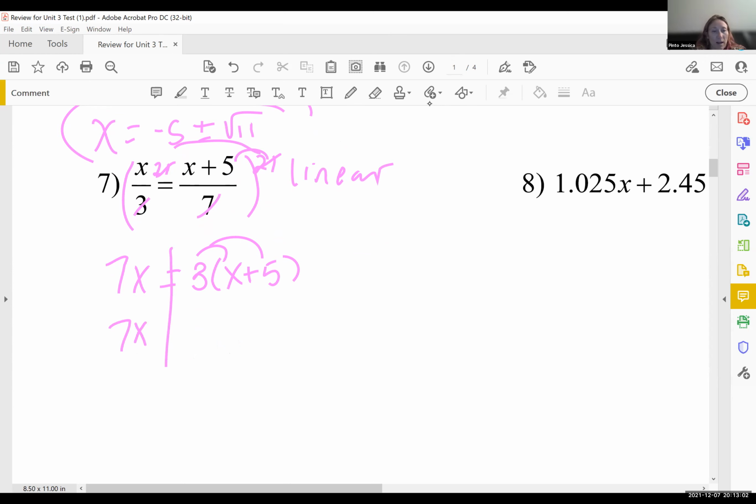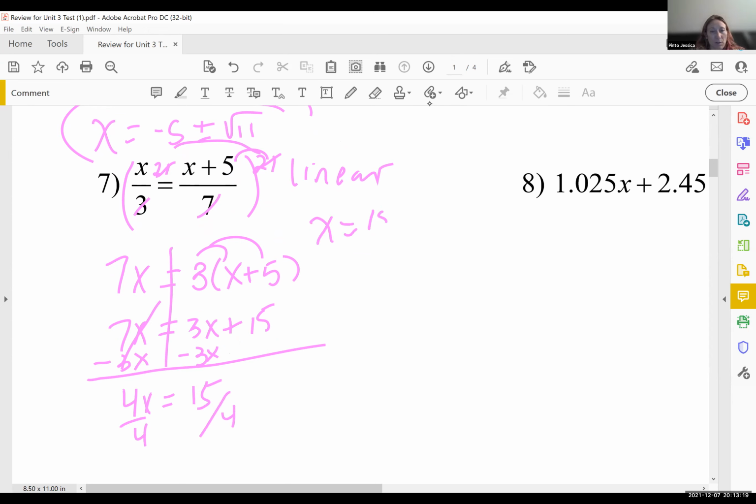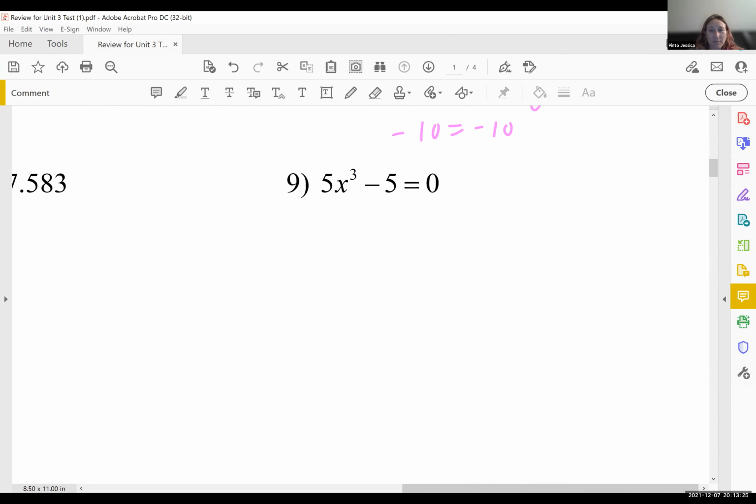So then I have 7x is equal to 3x plus 15. Subtracting the 3x gives me 4x equals 15. So then I divide by 4 to get x is equal to 15 over 4. Cool. I did number 8 in class.